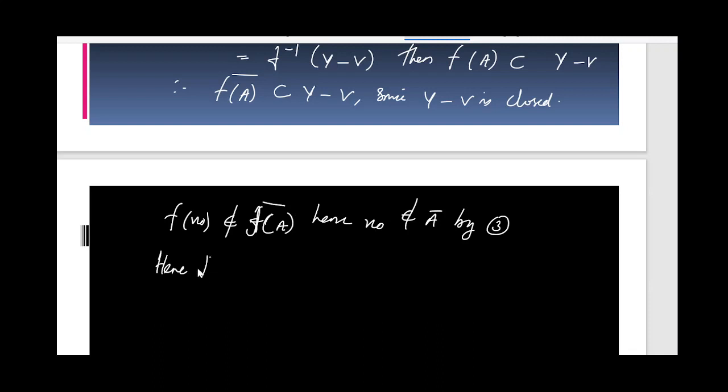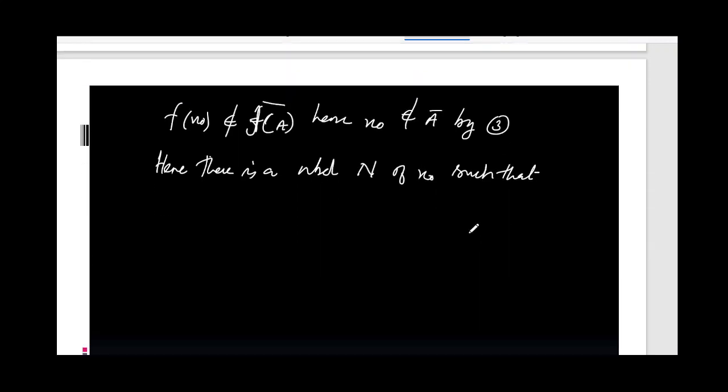Hence, there is a neighborhood N of x naught such that A intersection this neighborhood is empty.